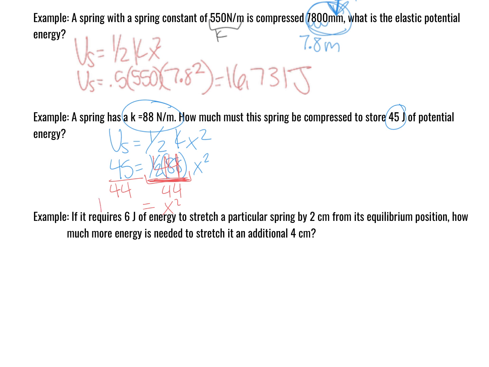Because I get 1.022 and it goes on, but we're just going to round it. And then at the end, because it's being squared, you're going to have to make sure and square root it. Now right here, because it's just 1, it's not going to be a super big difference whenever I square root that. And I get X equals 1.01 meters. That's how much it's going to be compressed.